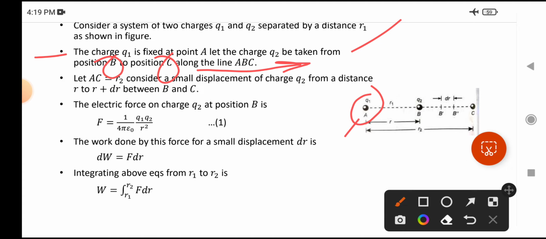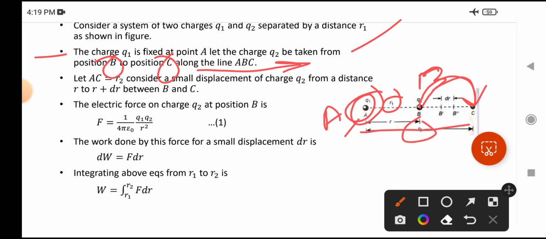Here charge q1 is fixed, but q2 is what we are moving. Now q1 is at position A, q2 is at position B, and we have to move it from B to C. In the previous position the distance is r1. When it is changed to position C, its distance is r2.